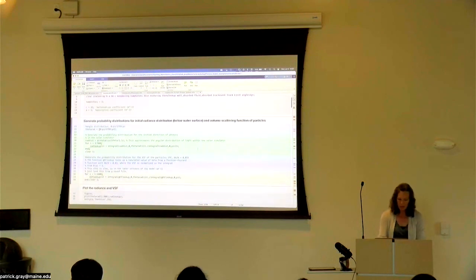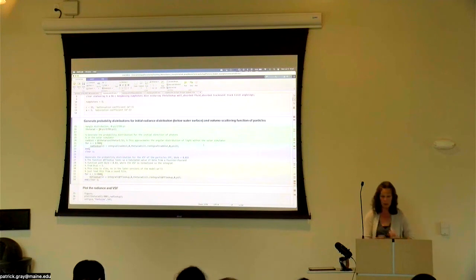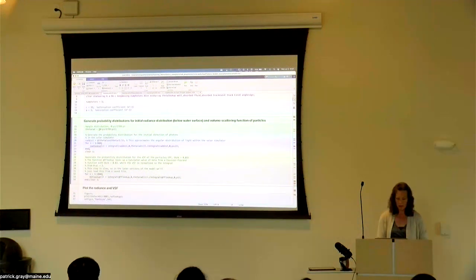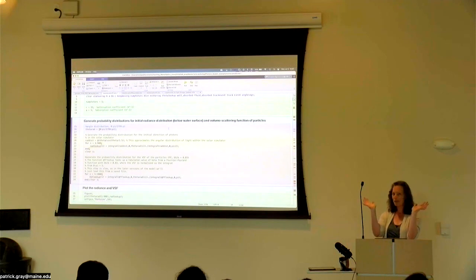Then we have to get that initial radiance distribution of the light. So I set up an angular coordinate from 0 to pi in 1800 steps. Perhaps that was overkill, I don't know, but this was 27-year-old me.